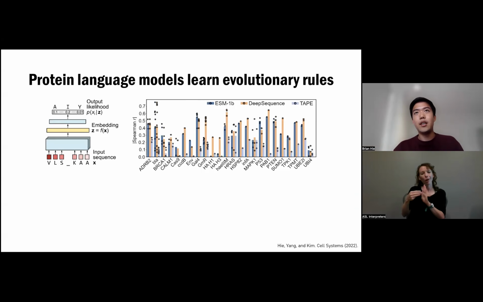There's CARP from a group at Microsoft Research, and this really interesting work, the Tranception model out of the groups of Debora Marks and Yarin Gal, that appears to do really well at variant prediction even though it's trained on a generic sequence corpus. But to me, it's still very interesting that this even works in the first place.